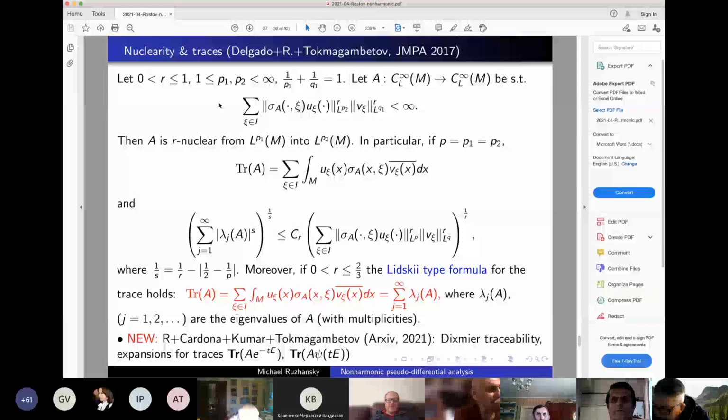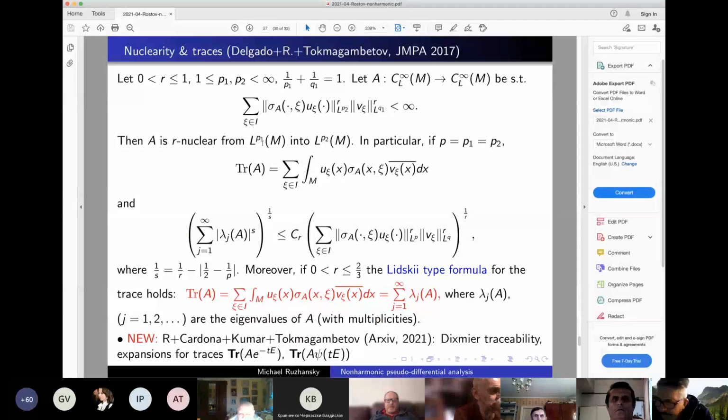But then, fortunately, here we have Grothendieck theory of nuclear operators, for which we don't need to look at the Schatten numbers, but these nuclear operators coincide with Schatten classes if we are in Hilbert spaces, and it also gives extensions to Banach spaces. And so in particular, we have this notion of nuclearity of an operator between two Lp spaces.